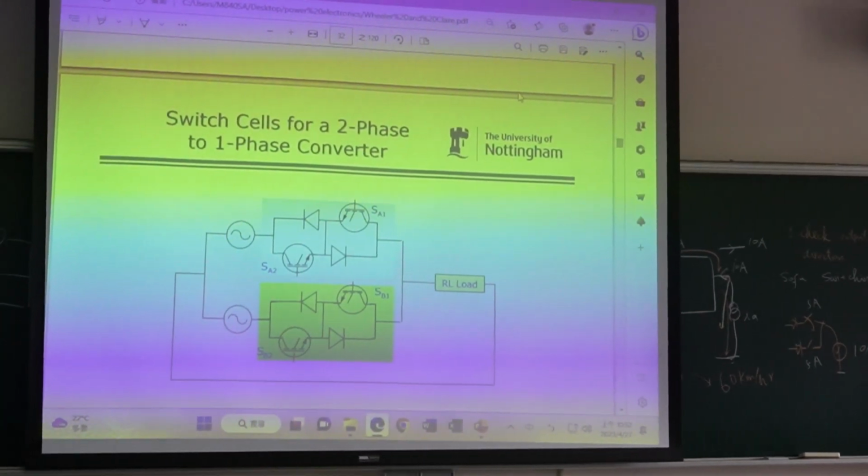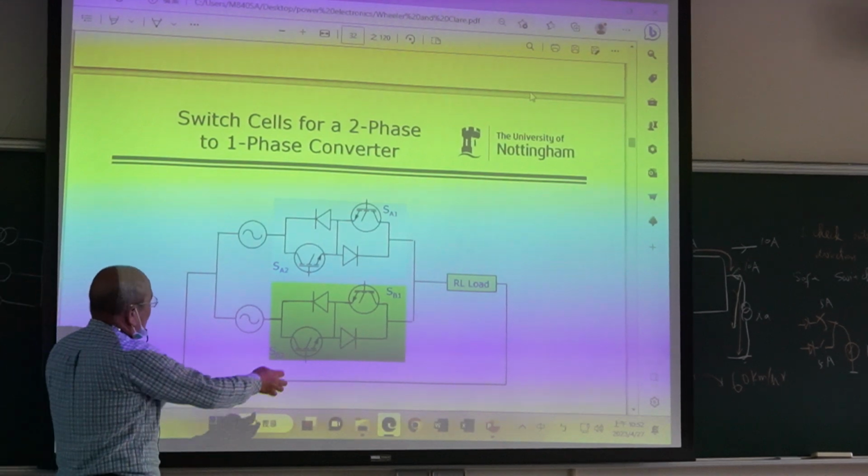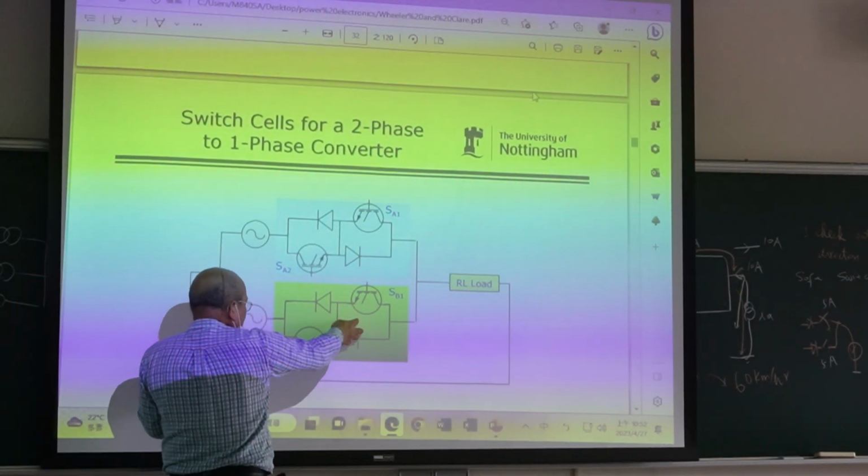Okay, so this is a full switch, and we have to change from this one to this one.